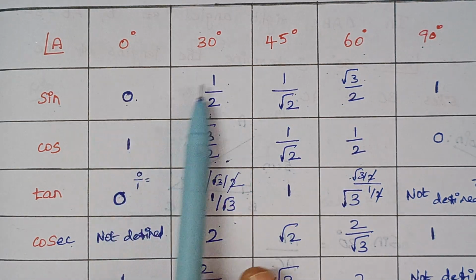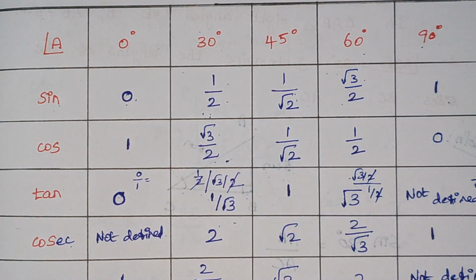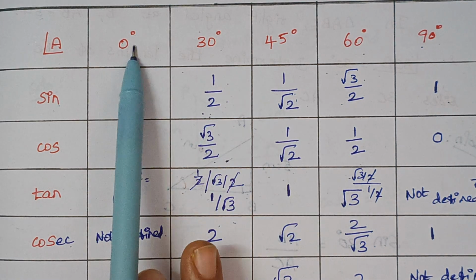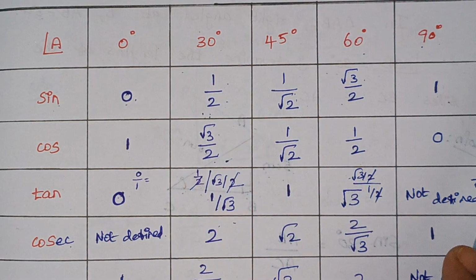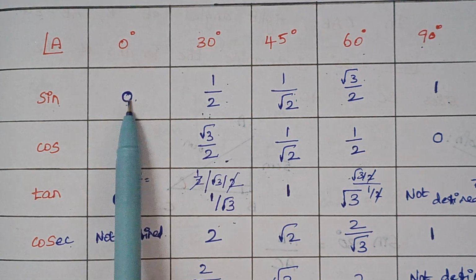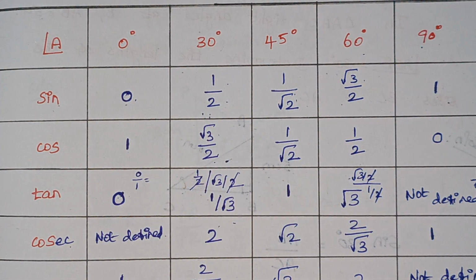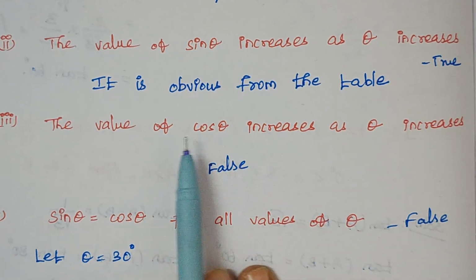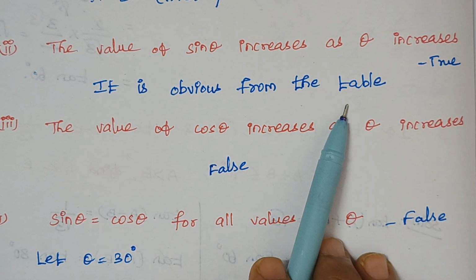But the values are gradually increasing and it reaches 1 here. Therefore, as the value of theta increases, the value of sin theta also gradually increases. This is obviously true. So that's the reason why I had written it as obviously true from the table.